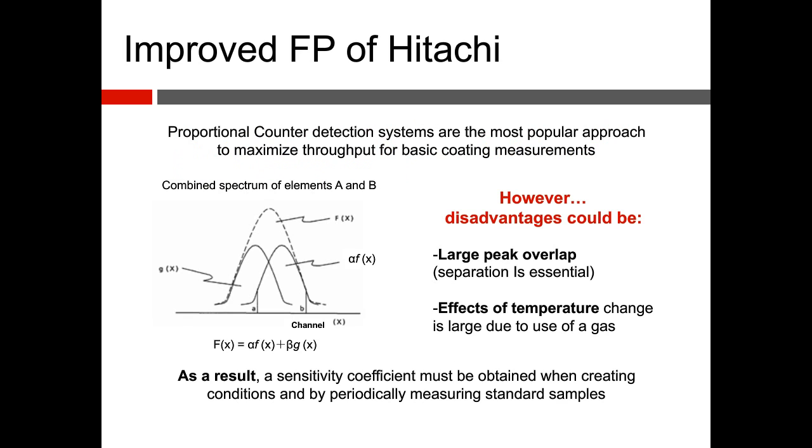A little bit more about the FP. Hitachi in the Seiko days did have an FP program. It was a good program, but it got better because they realized that the need for streamlined addition of calibrations with accuracy was critical. Proportional counters do a nice job, again, on coating thickness measurements, but the issue comes in with the large spectrum overlap where you could lose some accuracy on certain applications using fundamental parameters.